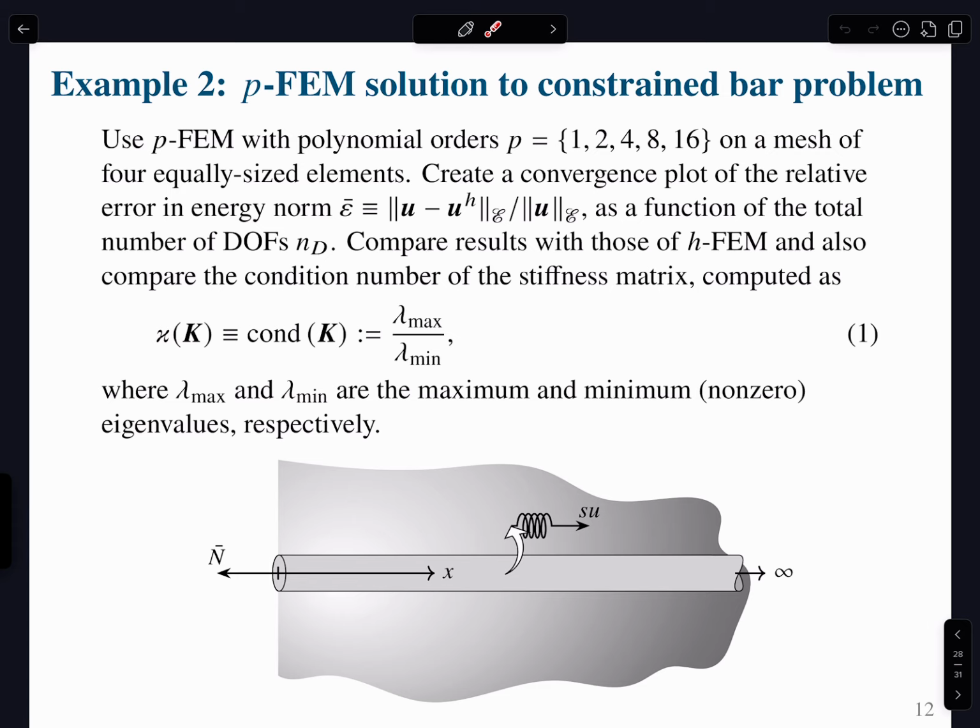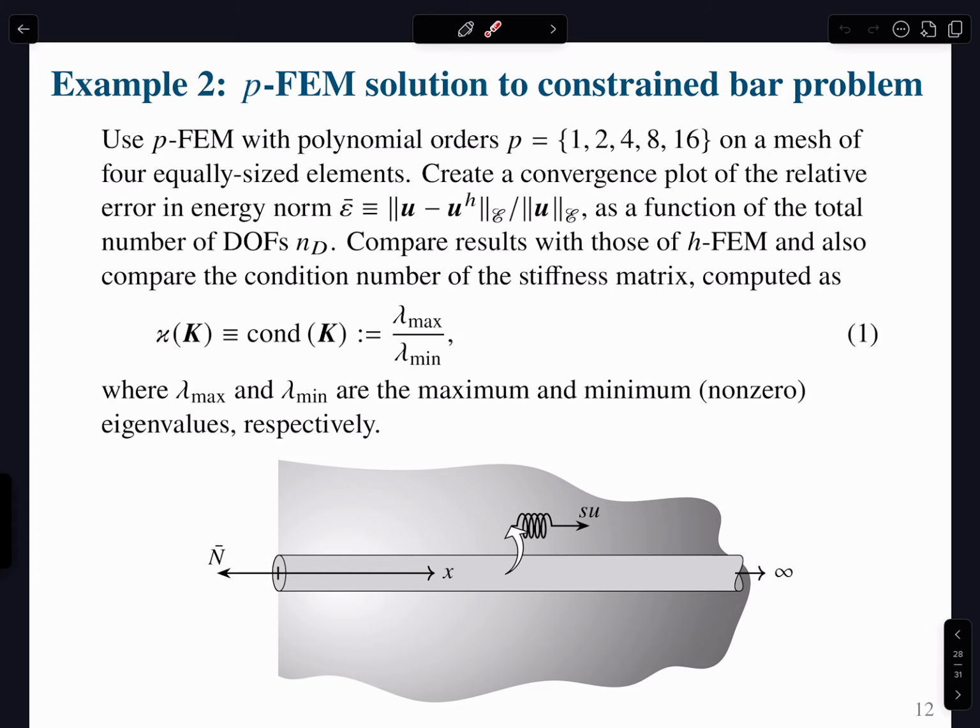So if you remember this problem, we looked already at this problem. It's like our infinite dimensional or semi-infinite dimensional bar that is basically in the ground and is constrained laterally by the same term that is a constant spring. Remember that if I try to pull out the bar like that, then it is constrained so that the force that I experience is in the other direction.